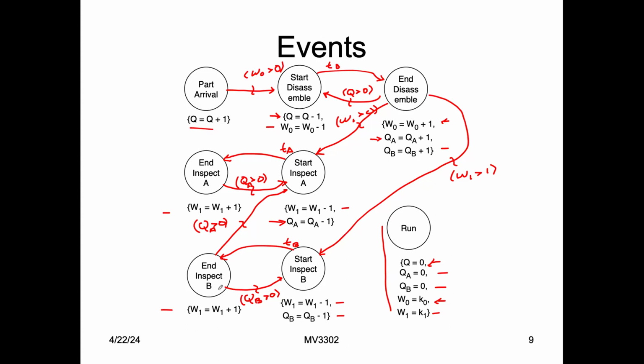Okay, but are there still situations where I can inspect the B? Well, yes, only if there are no A's. So if there are no A's but there are B's, when I finish inspecting a B, I can do that.